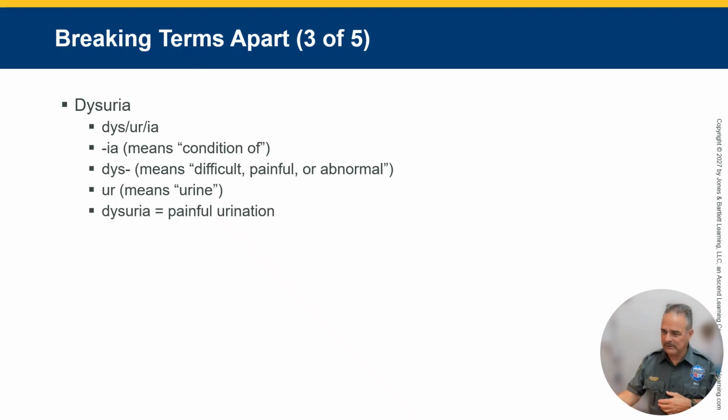So dysuria is a condition of difficult or painful urination. Instead of saying the patient has painful urination, we could say the patient has dysuria. Instead of saying they have pain when they urinate, that's not the right thing to say to be professional. They want to hear you say dysuria. They want you to be able to describe it and write it in your report.